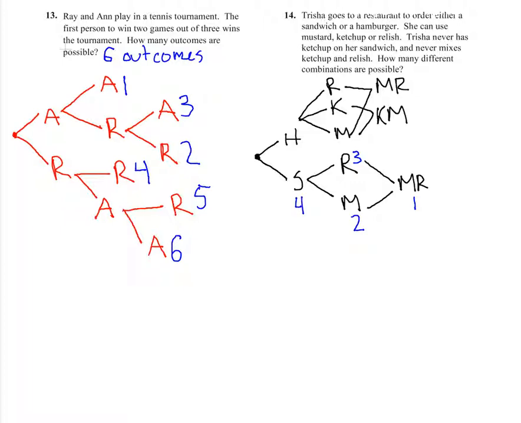Now if you look at the hamburger, you get the ketchup and mustard. That's 5. You can get the mustard and relish. There's 6. She could just get the relish. There's 7. She could just get the ketchup. There's 8. She could just get the mustard. There's 9. Or she could get the plain hamburger. 10. So there are 10 different combinations.